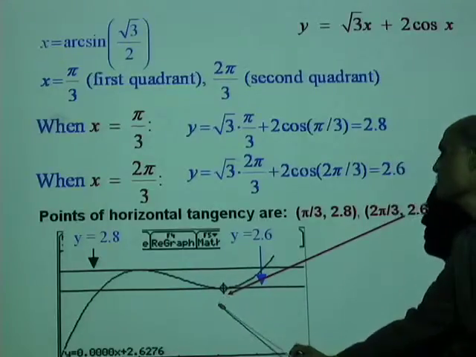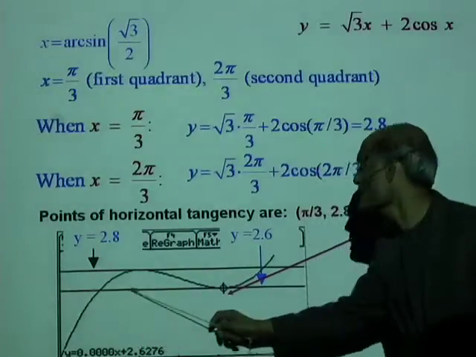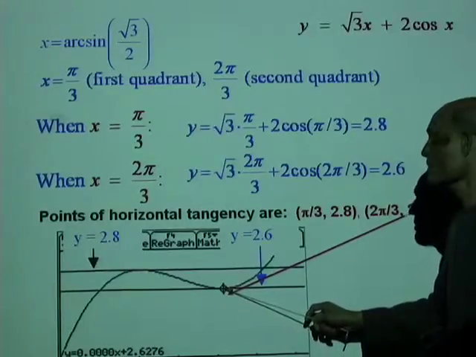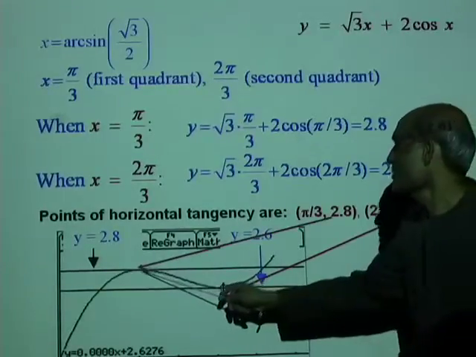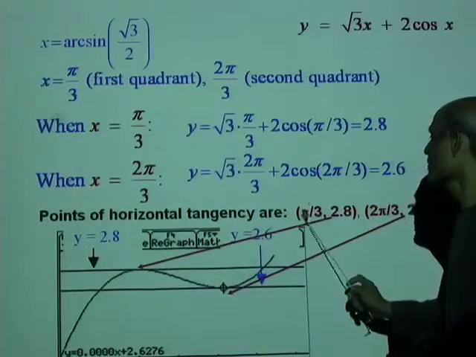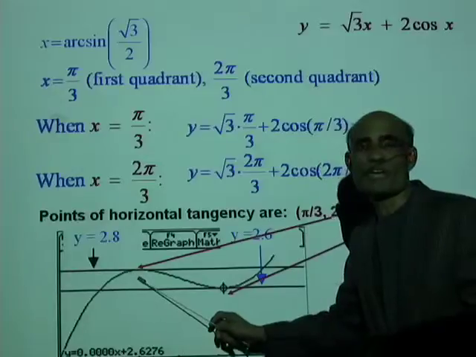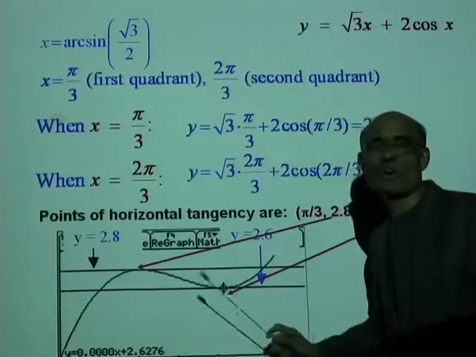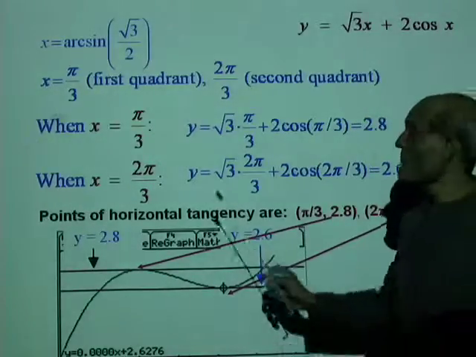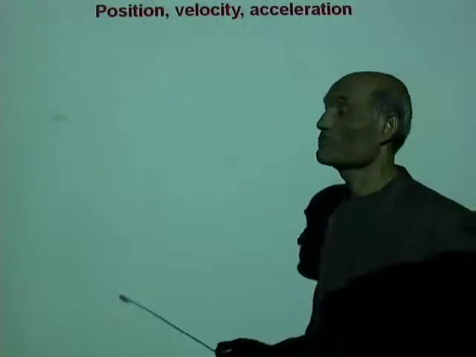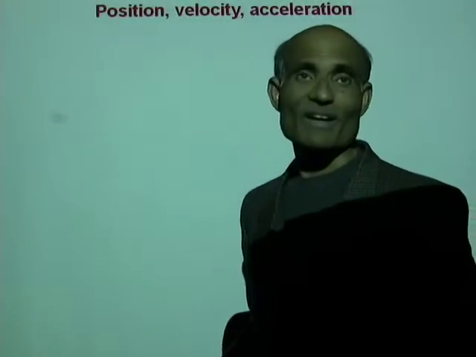X equal to 2 pi by 3, y equal to 2.6. That is 1 point of horizontal tangency. And this is the other point, x equal to pi by 3, y equal to 2.8. You got 2 points of horizontal tangency. Very important type of problems. You must practice this as we go on.